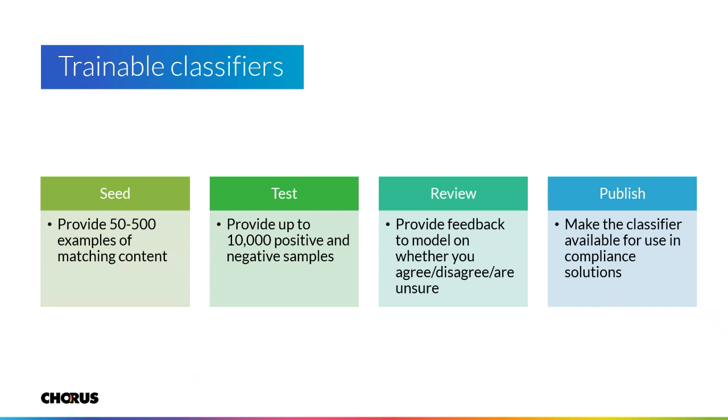And some of those samples should be positive, so they should be invoices, and some should be negative, so they should be something else. You then review it. You basically see how it does, and you give it feedback on whether you agree with its classification, whether you disagree, or whether you're not sure. And that allows it to learn and refine that model. And then once you're happy with that process, you make it available. You make it available for use in compliance solutions, and you can use them to drive your automatic labeling.